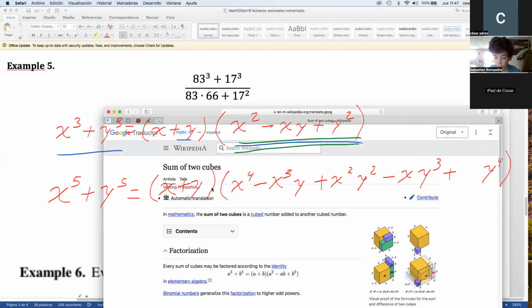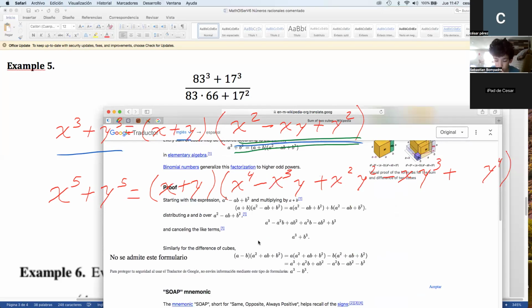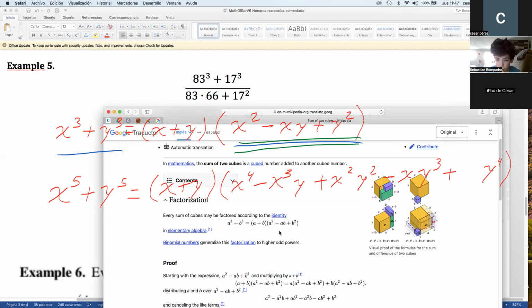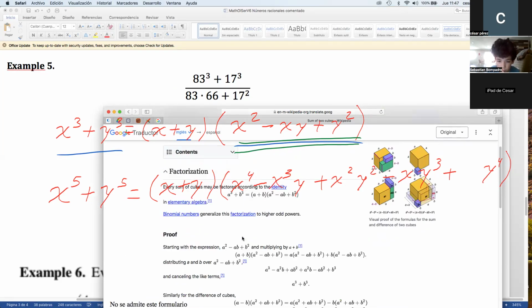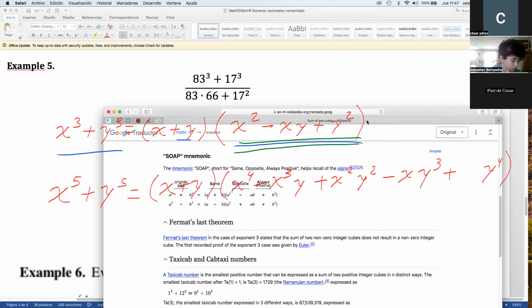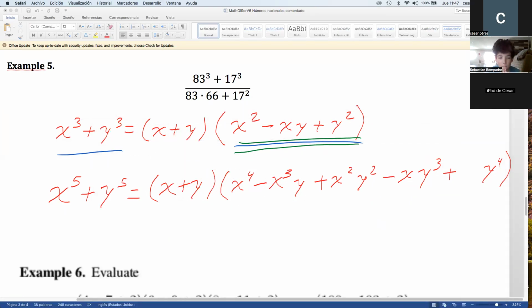In mathematics, the sum of two cubes is a cube number added to another cube number. And here we have the factorization. Okay, let's try to use this one. You must know this, and you must know also this.